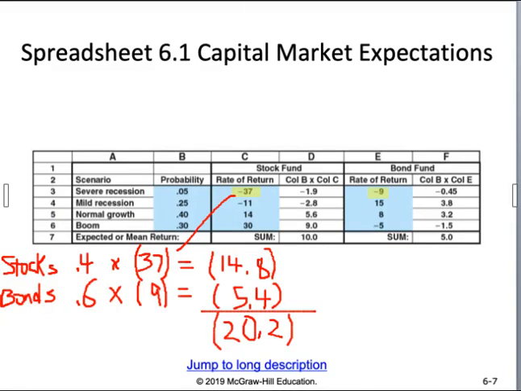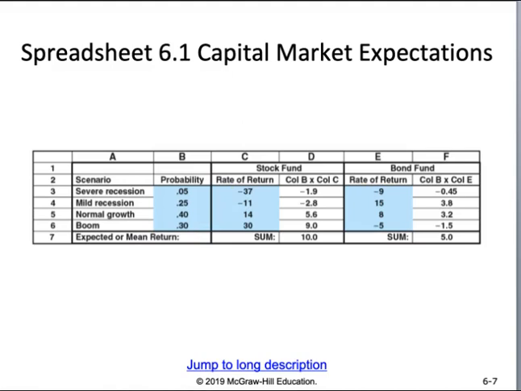We want to calculate the performance of a portfolio in a stock and bond combination. If we have 40% of our portfolio in stocks and 60% in bonds, this is the way you would do it. Unfortunately, that blinked off my screen. But if you have 40% in stocks, you would multiply 0.4 times this number, and the 60% in bonds would be multiplied by minus 9.